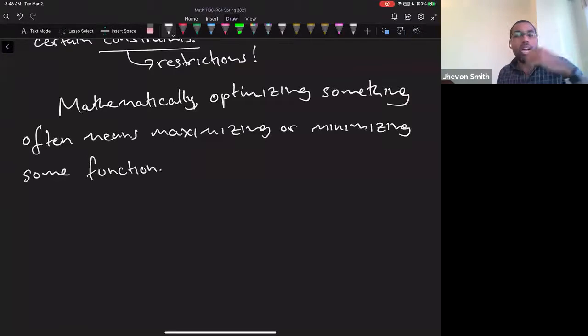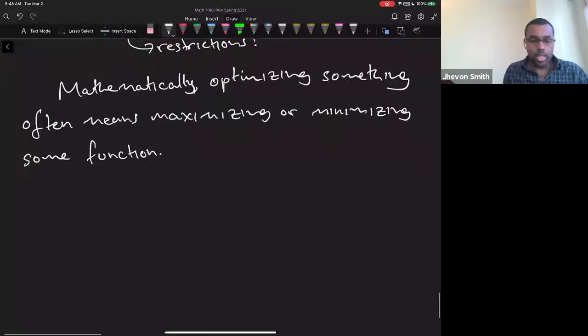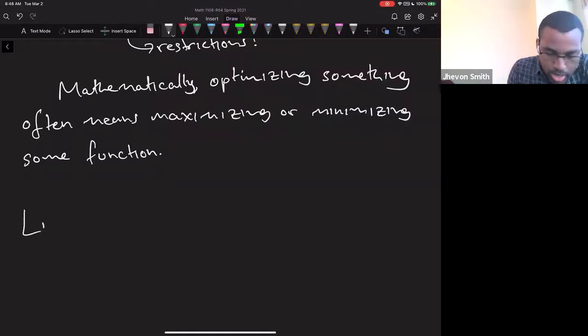So you might be able to write down a profit function or a cost function, or there's some calculation that allows you to compute the thing that you're after, what you want to make as big or as small as possible, right? And so now this is where linear programming comes in.